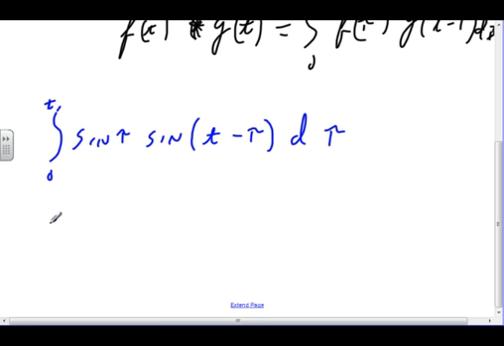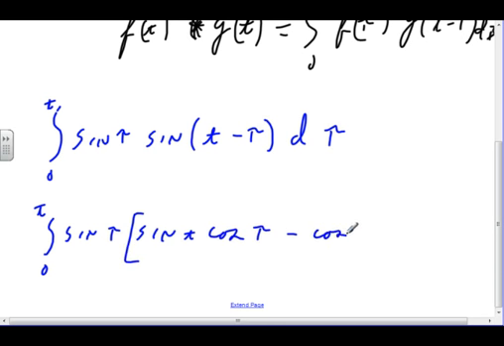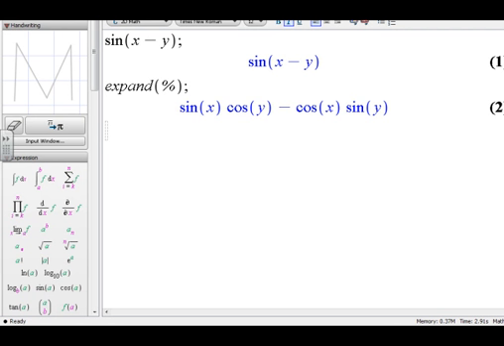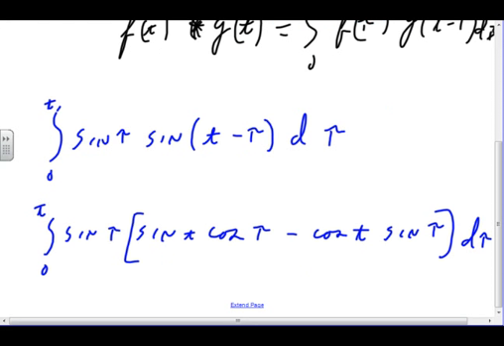Okay, so this is going to be the integral from 0 to t of sine tau times sine t cosine tau minus cosine t sine tau d tau. Sine, cosine, minus cosine, sine. Okay, so that's exactly what I have.